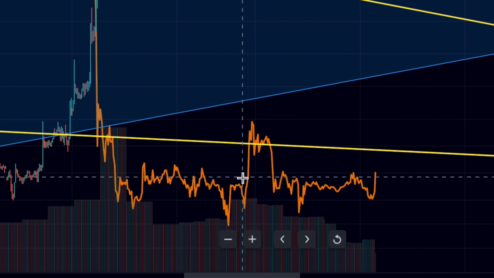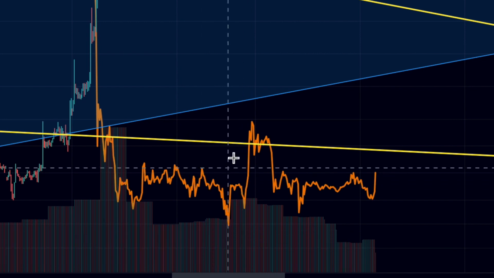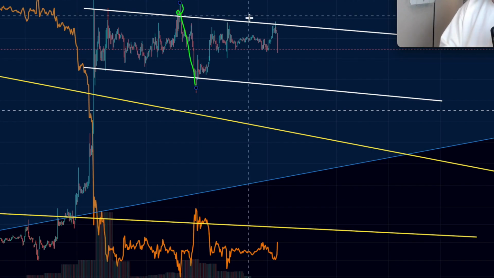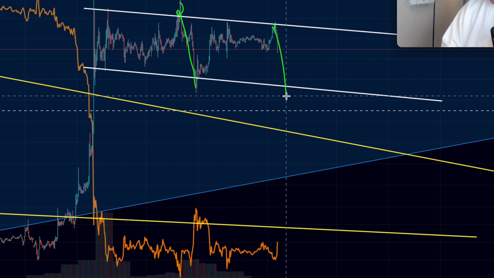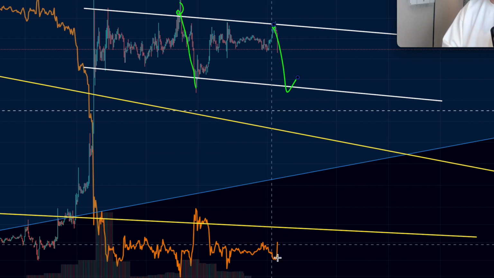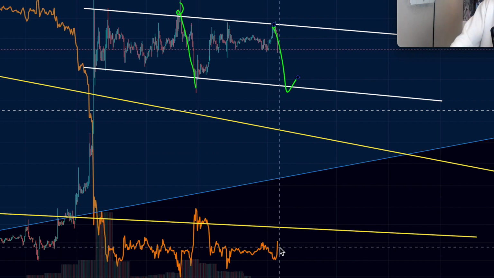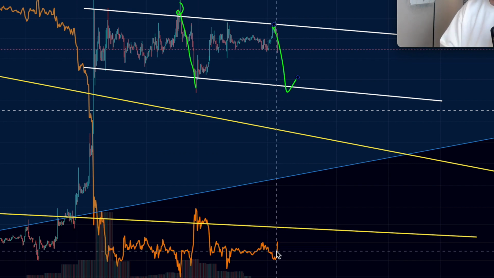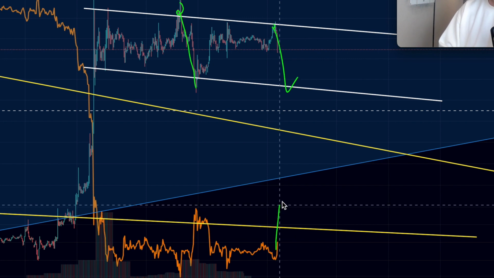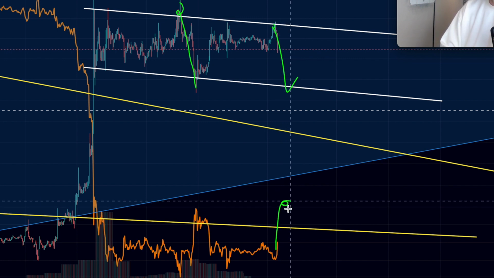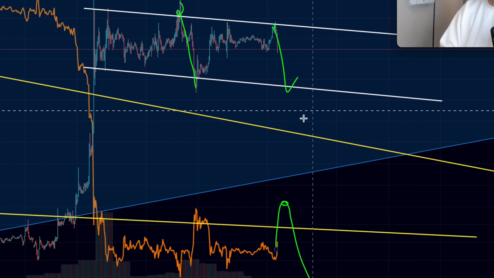So that is a move of 1,000 US dollars. That would mean, guys, that if we get rejected and come back down to the support to get a bounce again, Bitcoin can move up like 1,000 US dollars from the levels right now, which means we could go back to 27,000 US dollars right here before moving lower.